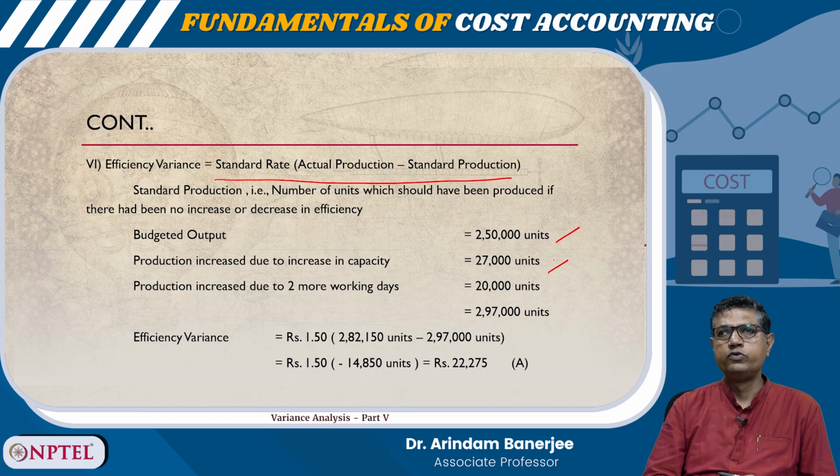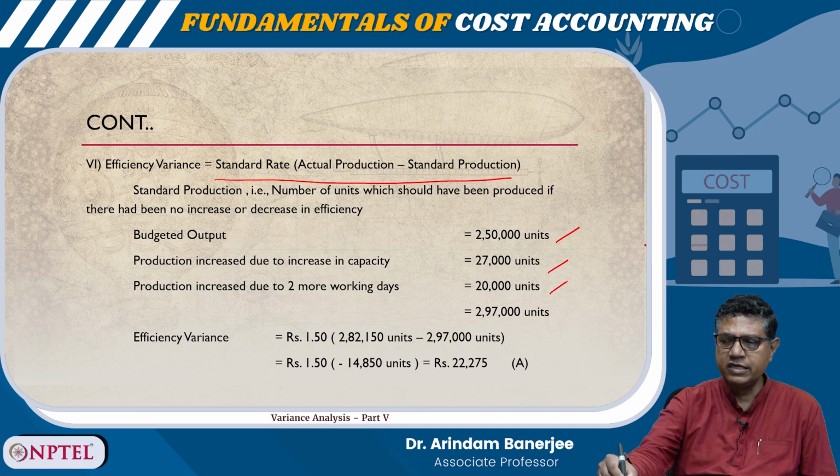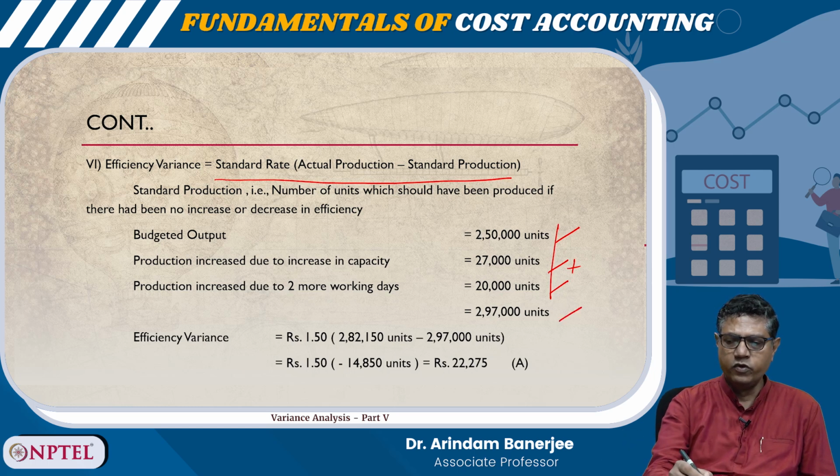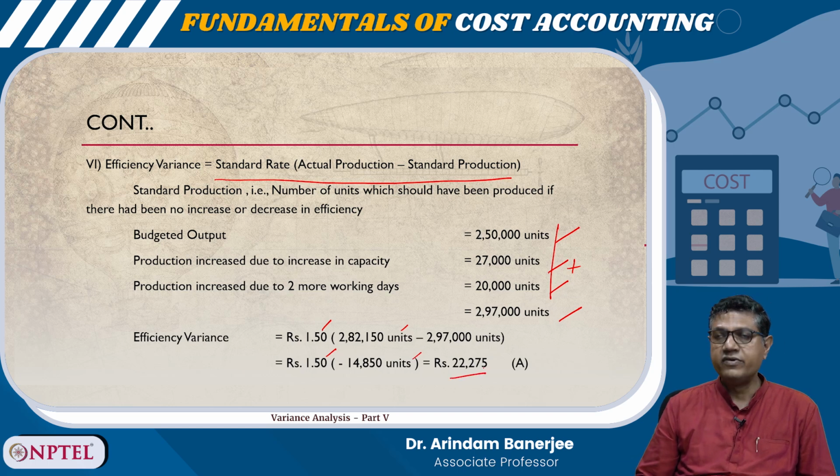Production increased due to 2 more working days 20,000 units. So, if you add this, then it comes to 2,97,000 units. So, efficiency variance is equal to rupees 1.50 into 2,82,150 units minus 2,97,000 units. So, rupees 1.50 into minus 14,850 units. So, it is 22,275 adverse.